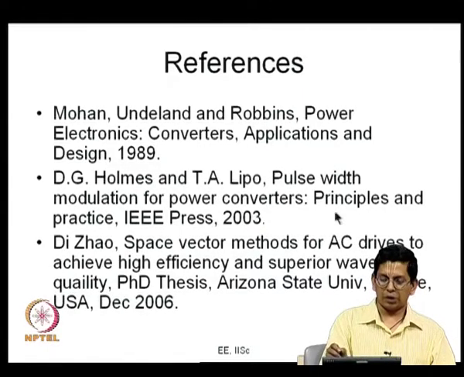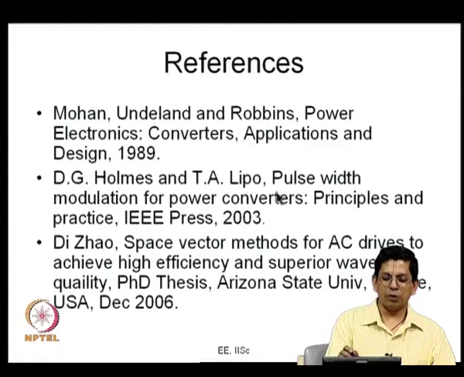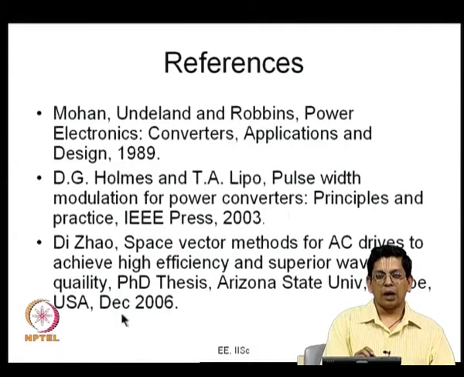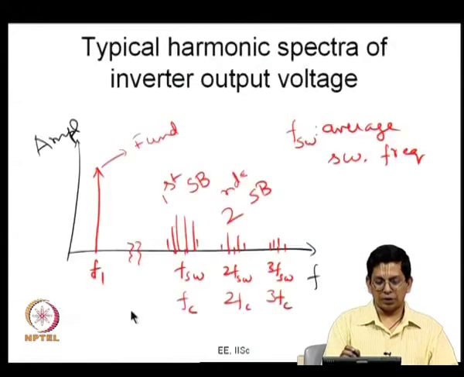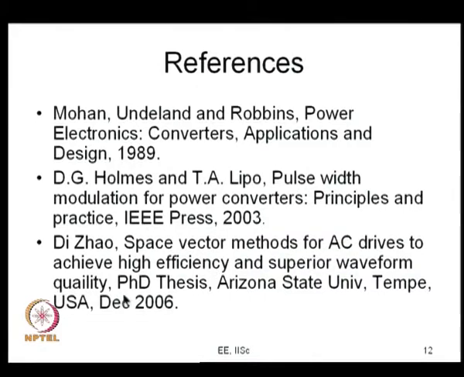You could probably look at this book or quite a few papers in this area, where they use the idea of double Fourier series to calculate these. So, you could consider that now. And if you want to compute those harmonic components for advanced bus clamping PWM, then the reference you should look at is the PhD thesis by Dr. D. Zhao, "Space vector methods for AC drives to achieve high efficiency and superior waveform quality", submitted to Arizona State University.